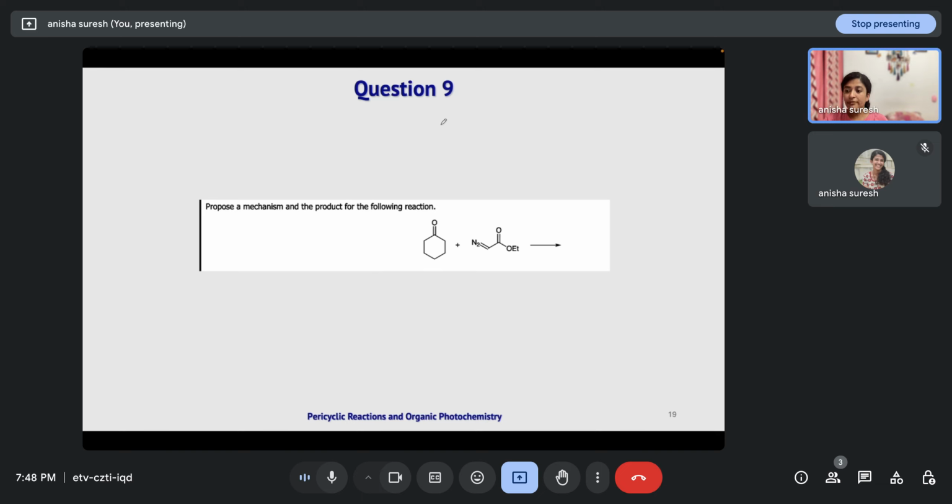So what will be the final product that is forming? So this is also an example of Wolff rearrangement. Okay.